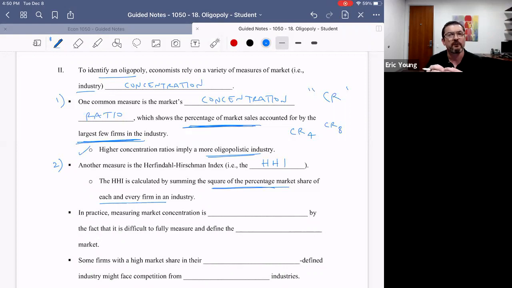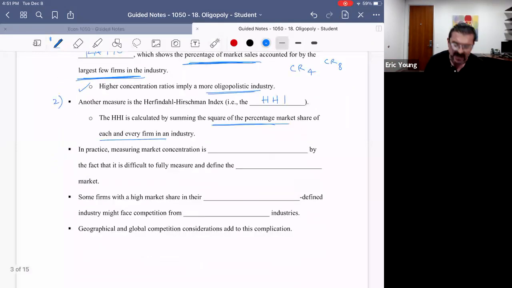That number will fall within a range. Based on that range, economists and Department of Justice antitrust lawyers can categorize an industry as less concentrated, more competitive, or more concentrated, more oligopolistic, less competitive. Again, the HHI is a lot more mathematical, but it's easy to do, and we can figure it out in class.